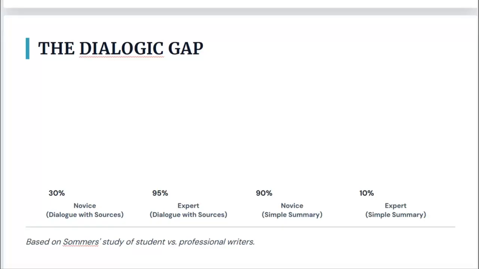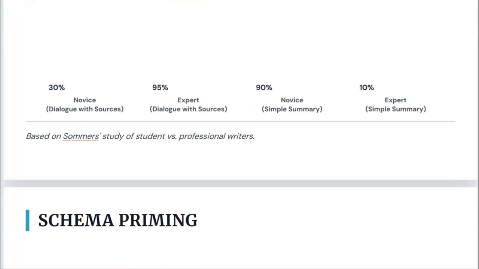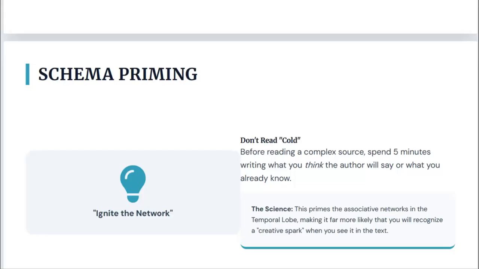And then also she found, and let's look at it this way, 30% of novices have a dialogue with the sources, 95% of experts dialogue, and then 90% of novices just do a simple summary. They do an annotated bibliography, and poof, they're done. 10% of experts do a simple summary, but mainly they're involved in engaging with argument.